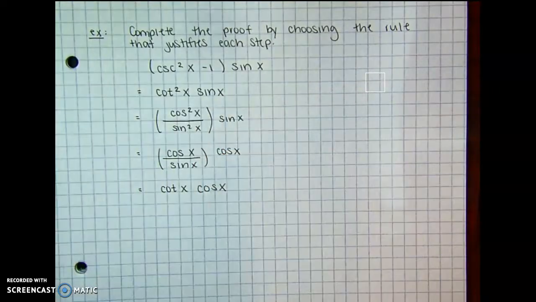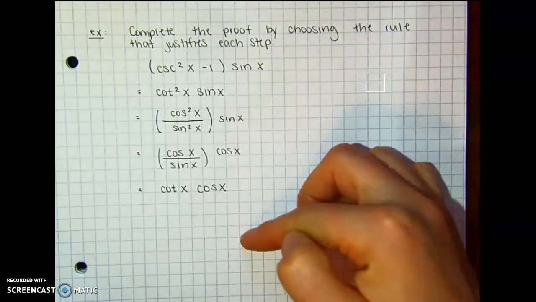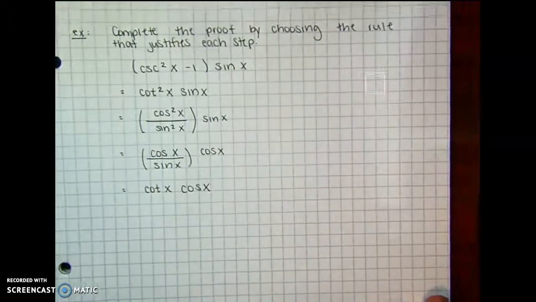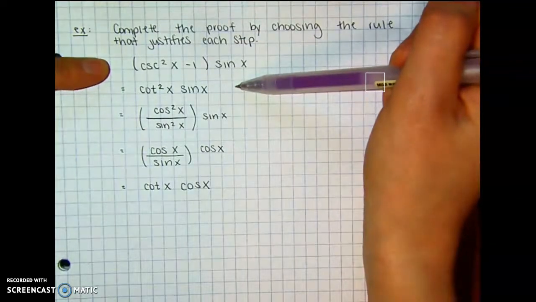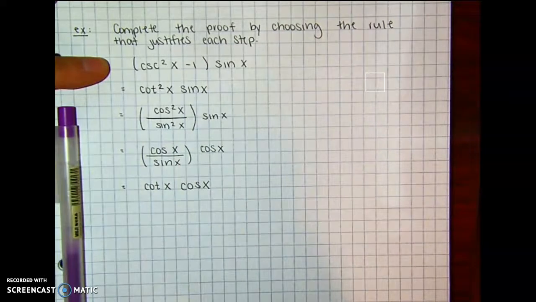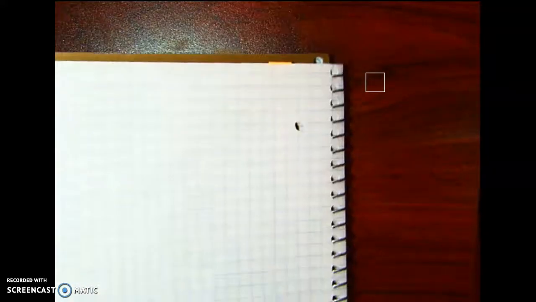So when you do this, eventually, you're going to be given what you're starting with and what you want to end up with, and you have to prove that this equals this. So for the example that I'm giving you, here's all the work. What is the reason? So how would we go from here to here? Typically when you see something squared, you immediately need to be thinking Pythagorean identity. If you go look at your Pythagorean identities, I'm going to go quick here, just take notes on them.